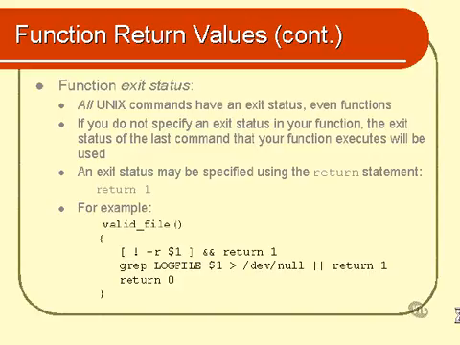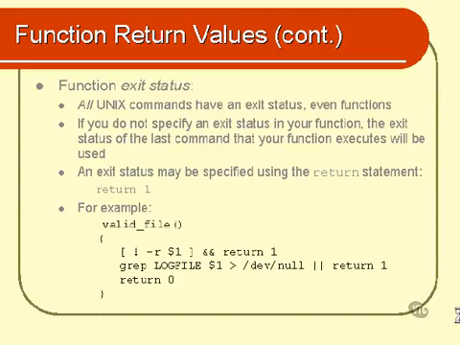So now if we made it past that first line, then it must have been readable. Let's test it to see if it contains the string log file. So if, theoretically, according to the logic of this little function, the file contains the word log file, then it is a valid file. So what this will do is test to see whether grep actually finds the word log file in it, and if it doesn't, it will return 1.